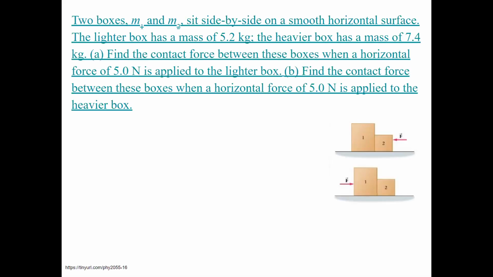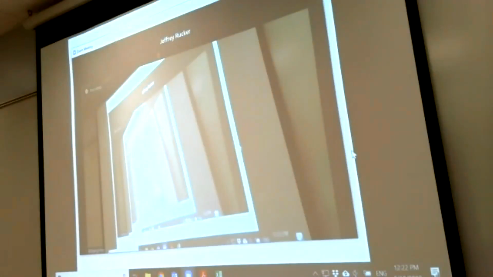Now, due to the time limit, I'm going to just show you guys the solutions here. All right. So when you have two objects in a problem, if they are moving together, then you can actually treat them as one system first.